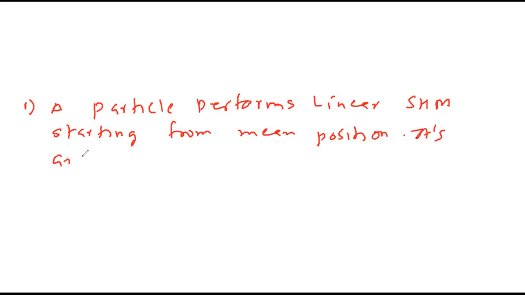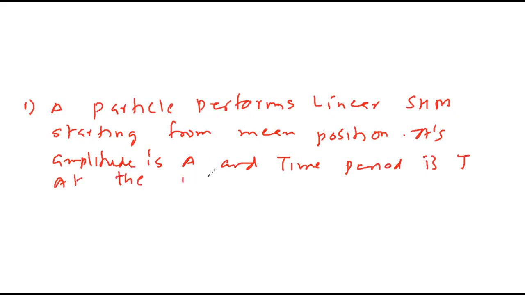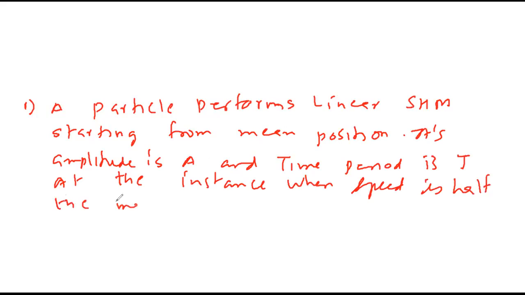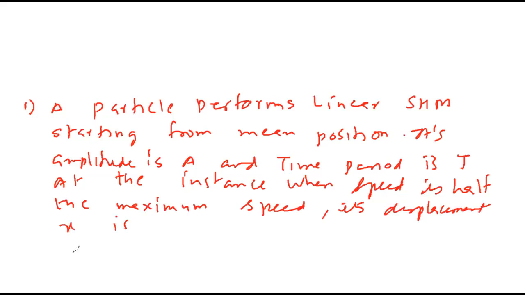Its amplitude is A and time period is T. At the instant when speed is half the maximum speed, its displacement x is: first option root 3 by 2 A, second option 2 by root 3 A, third option A by 2, and fourth option 1 upon 2.